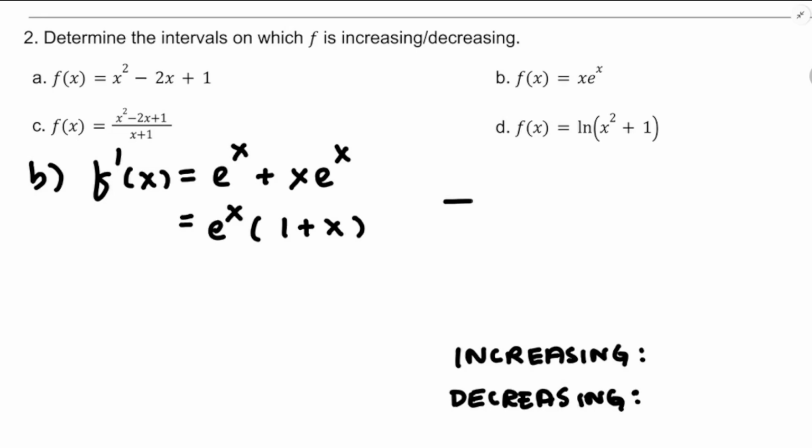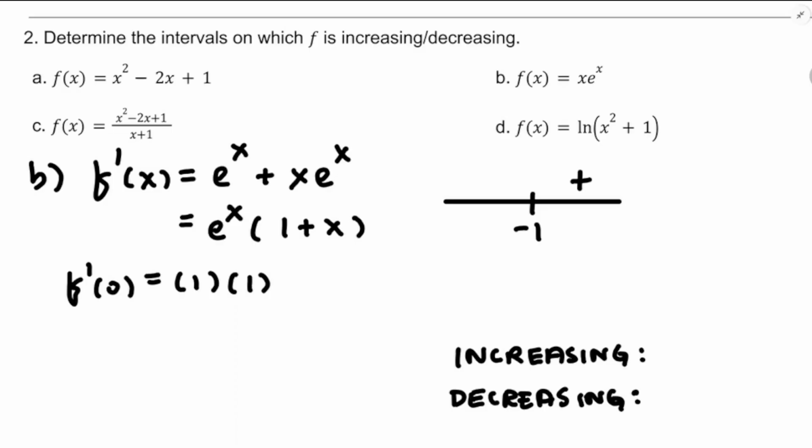Okay, so the critical number on my sign chart would be x equals negative 1, because e to the x is never going to equal 0. We kind of already talked about that one. So, when x is greater than negative 1, say x equals 0, f prime of 0 is going to equal e to the 0, which is 1, times 1 plus 0, which is also 1. And we've got a positive number.